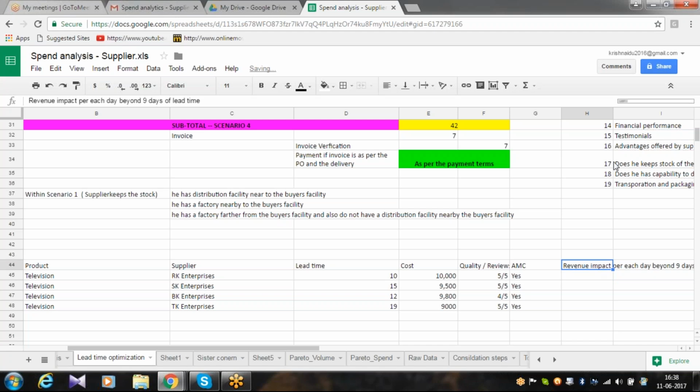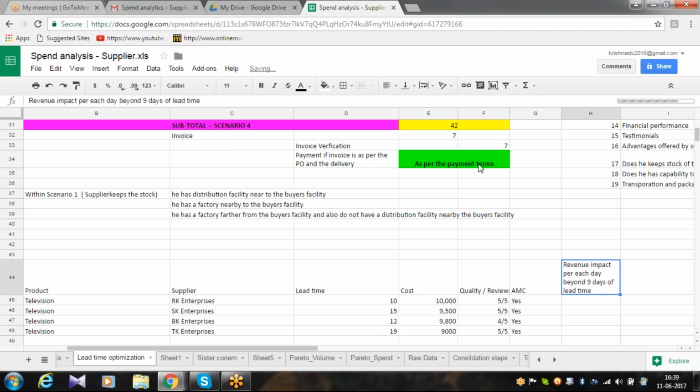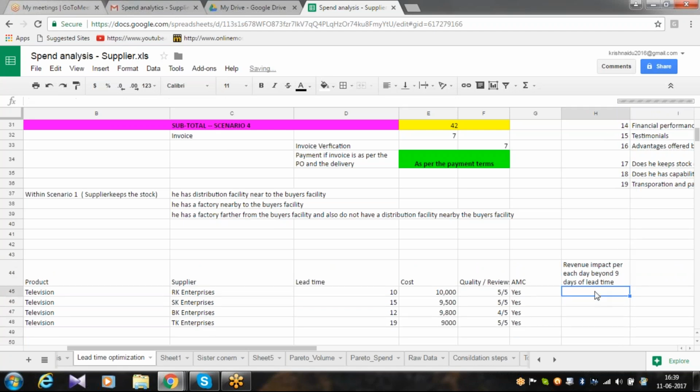So I have included one more variable, which tells me what the impact on my revenue will be if I delay my purchase of TV beyond 9 days. It means till 9 days I will not have any impact on revenue, but beyond the ninth day, I will start having an impact.